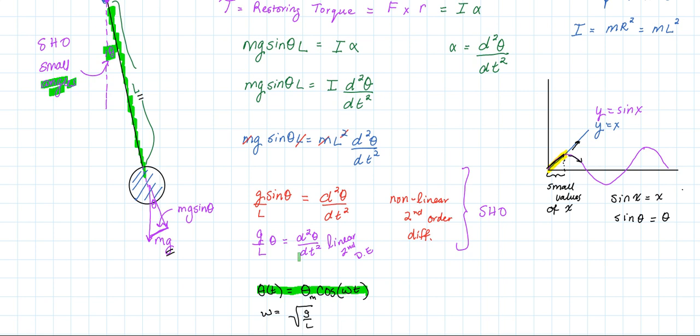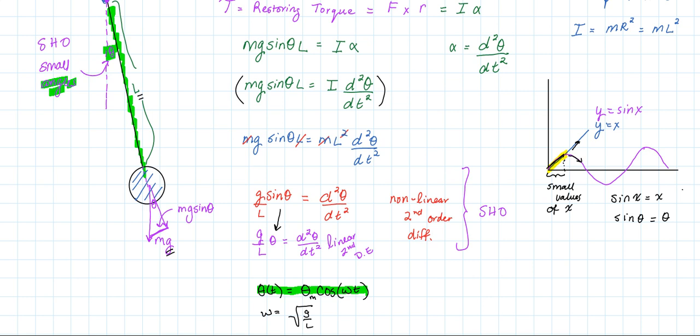In this case, we'd have to go back to our drawing board, and the drawing board would be somewhere over here. Now if we think about it, if the angle was not small enough, the first thing we would not be able to do is this step from here to here where we said sine theta was approximately theta.